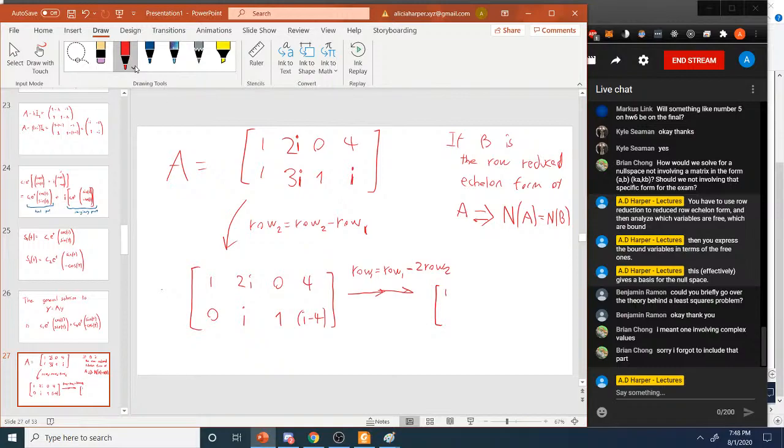And then I get 1, 0, negative 2, and then I get 4 minus 2 times i plus 4, or i minus 4. So that is the same as 12 minus 2i.